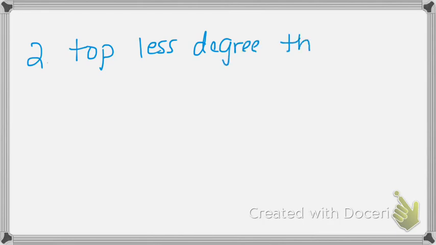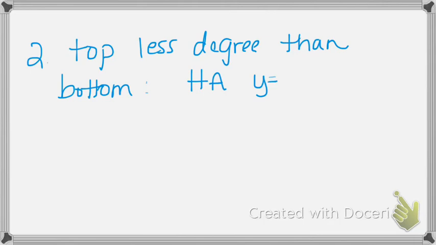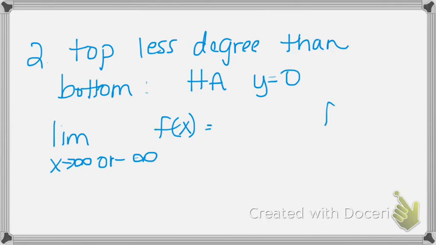Second rule. If the top has a lesser degree than the bottom, then the horizontal asymptote is y equals 0, which means on the ends the graph will be approaching 0. If I have something like this, the limit as x approaches infinity or negative infinity of something where f of x is x over x cubed minus 2.